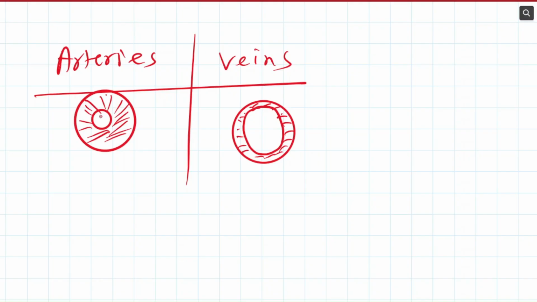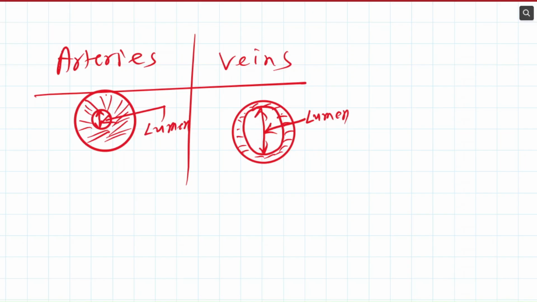Apart from this, if you see the lumen, or you can say the diameter of the artery and veins, you will find the lumen is bigger in veins, while it is a smaller lumen in arteries. Or you can say the diameter of the artery is lesser than the diameter of the vein.